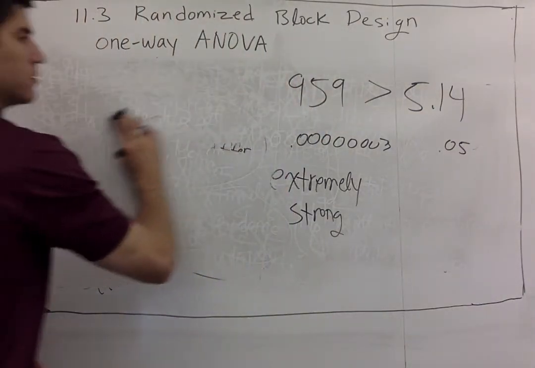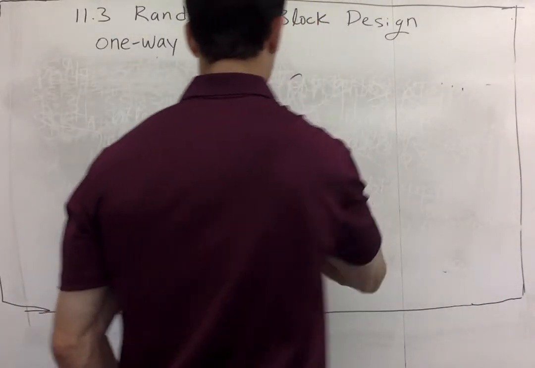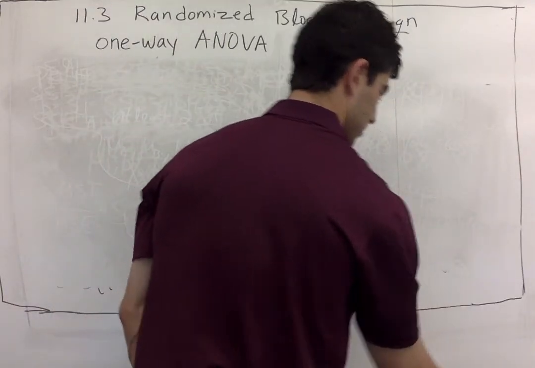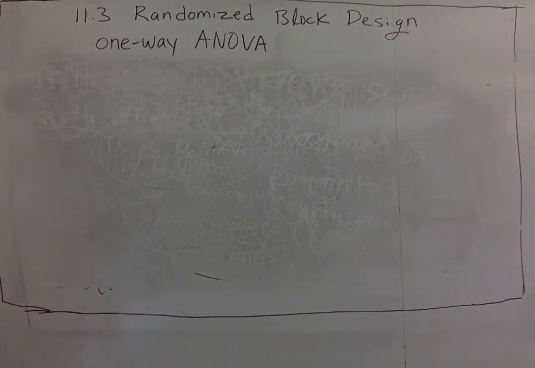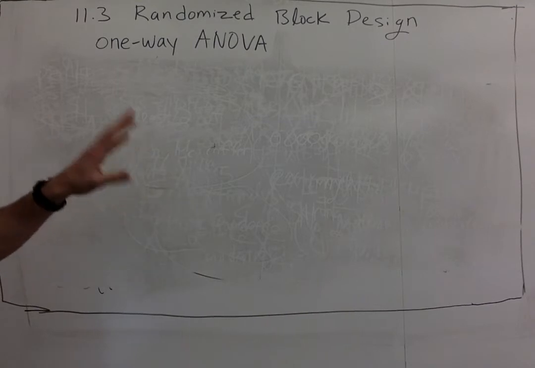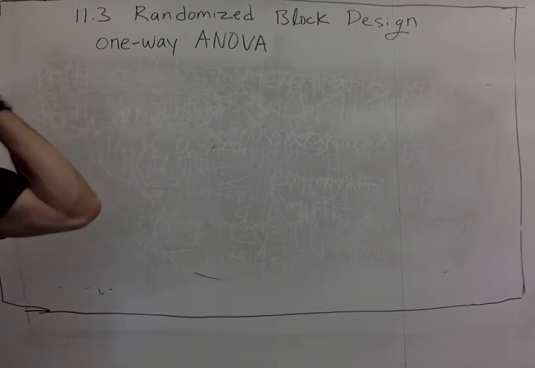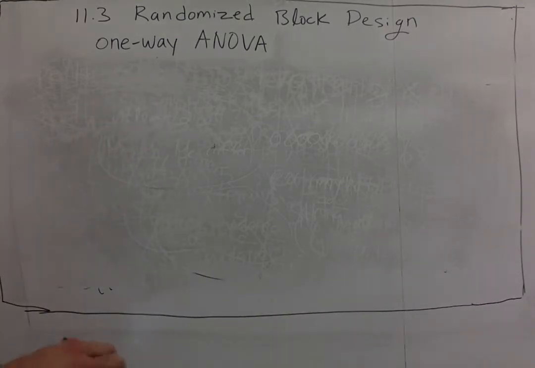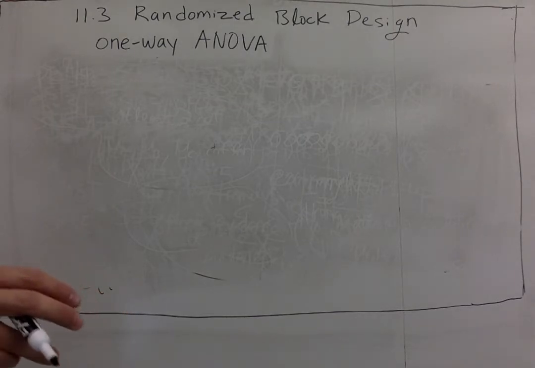Second question. Was it reasonable to employ a randomized block design? What this question is asking is, was it reasonable to use different blocks? Was it reasonable to do these sales in different supermarkets? It would be reasonable if the sales potentials of the 4 supermarkets differed.